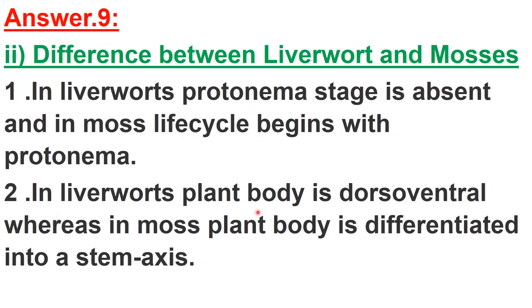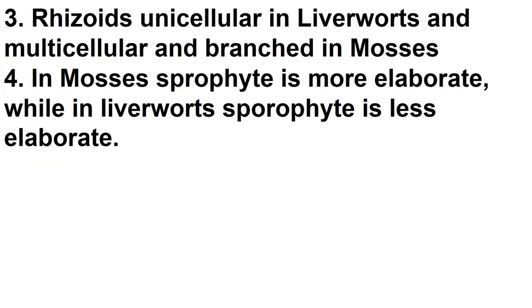Second, in liverworts the plant body is dorsoventral, whereas in mosses the plant body is differentiated into a stem axis. The third difference is that rhizoids are unicellular in liverworts. I told you this in the previous lecture as well, that in liverworts rhizoids are unicellular, but in mosses rhizoids are multicellular and branched.